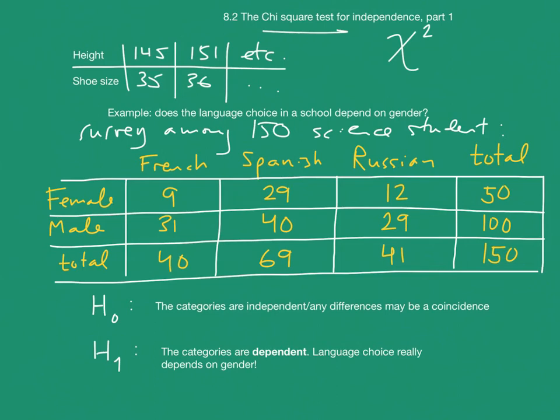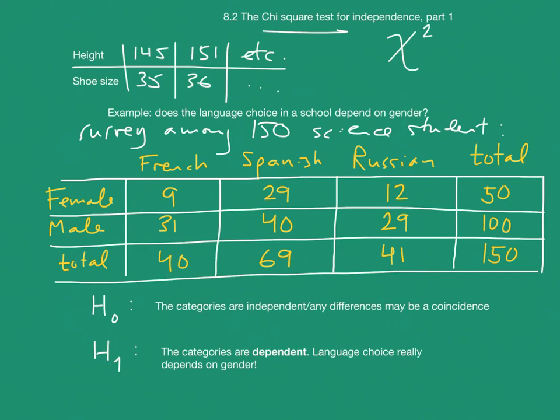A chi-square test has 2 steps. The first step is to write down the hypotheses. So we have our null hypothesis and we have the alternative hypothesis. We've written them down, and you should try to write them down as clearly as you can.